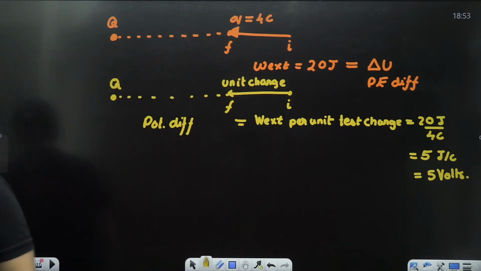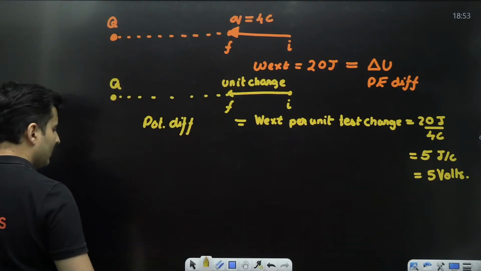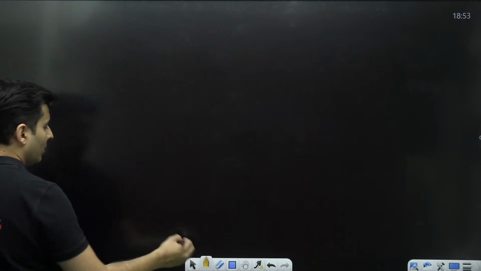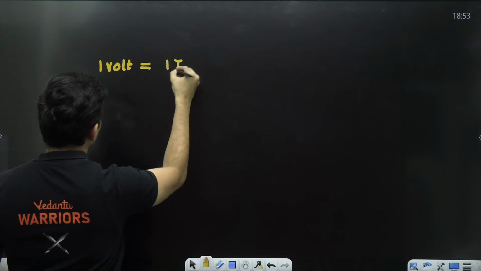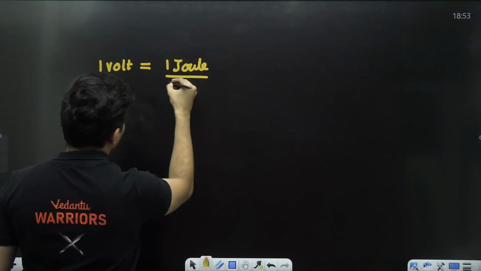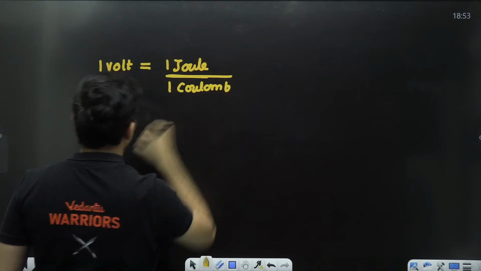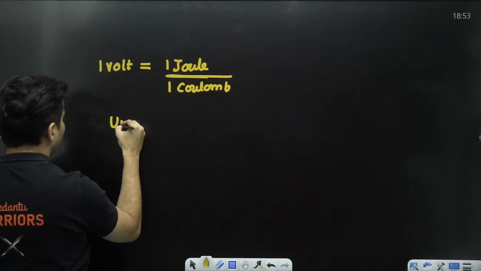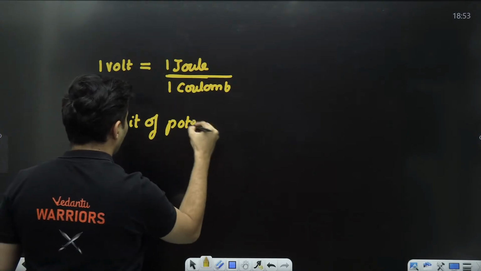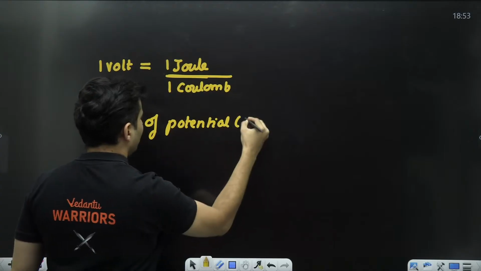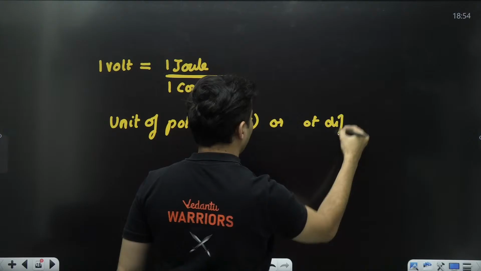Is that clear? So we also define what volts is at this particular point, or rather I'll put it on the next slide. 1 volt is when 1 joule of work is done per 1 coulomb. Per coulomb, that is the unit of potential. The symbol is V, or even potential difference. It's one and the same thing.